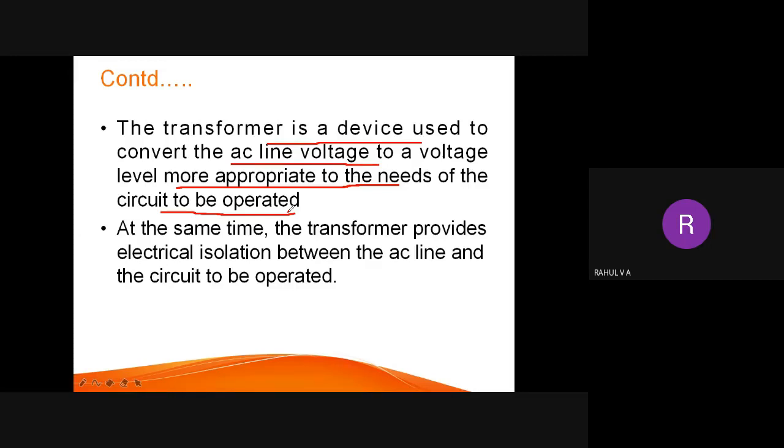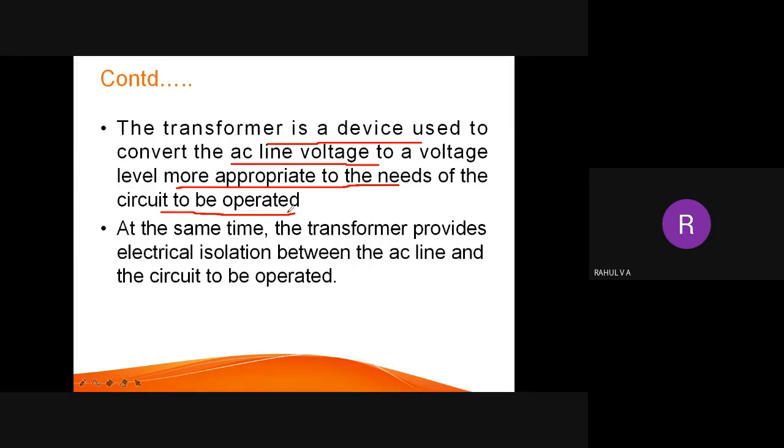So if it requires 5 volt, your transformer will step down to 5 volt. If your circuit requires 12 volt, with the help of a transformer, you can step it to 12 volt. If you require 24 volt, you can step the AC line voltage to 24 volt. Based on your application, you can step down or step up.